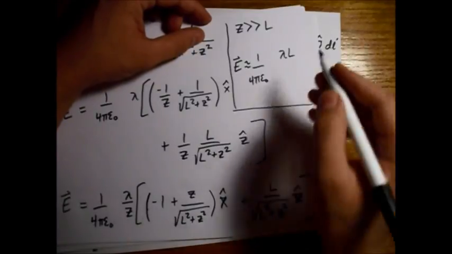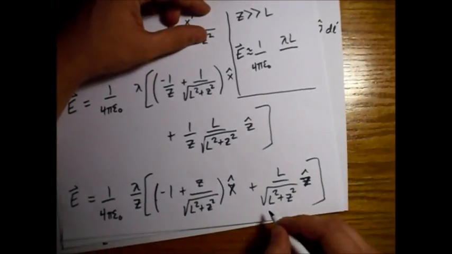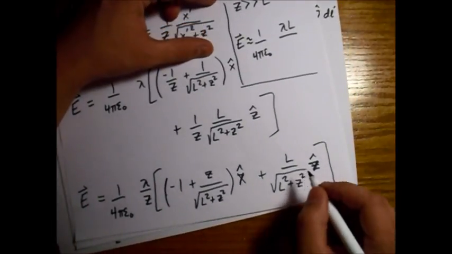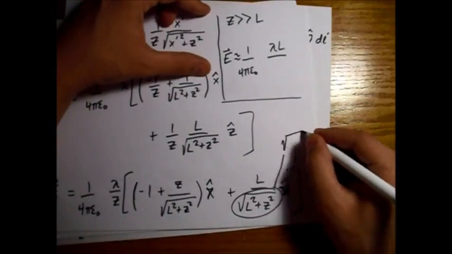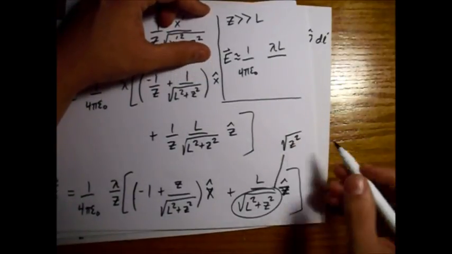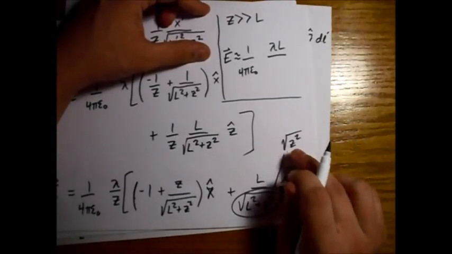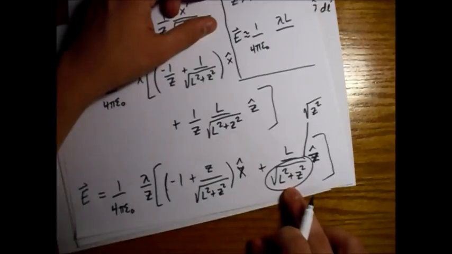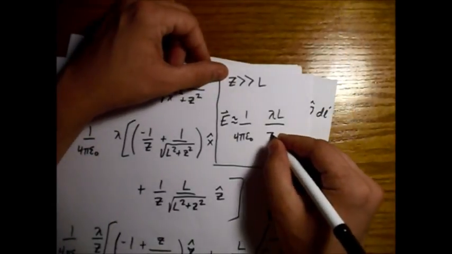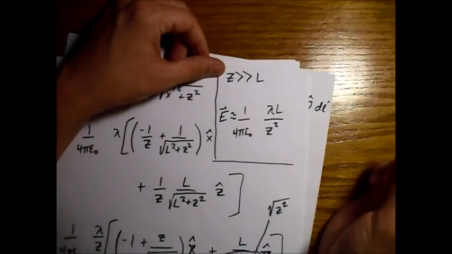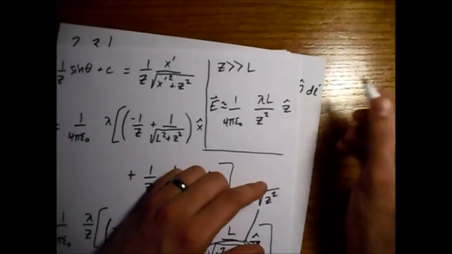So we have a z right here. And this term right here is also going to go like the square root of z squared, and we just get a factor of z. So we have one factor of z downstairs here, one factor of z downstairs here, and we get our z squared. And of course this is in the z hat direction.